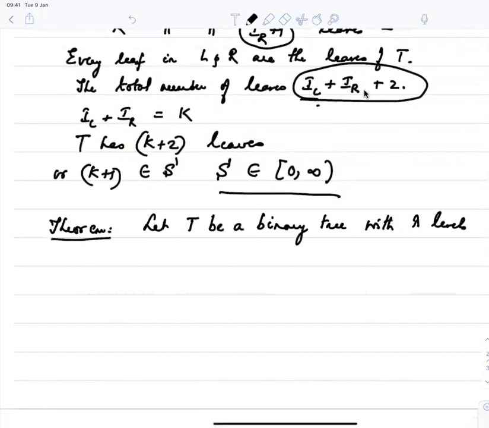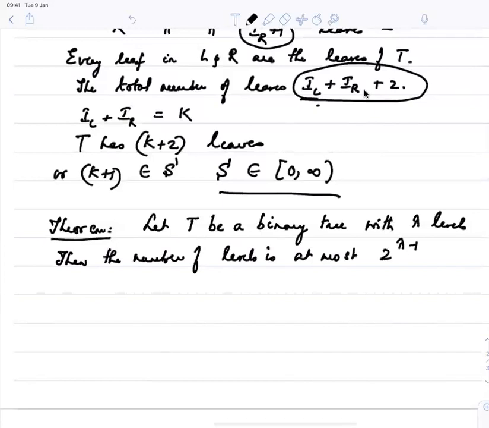I'll tell you what a level is. Then the number of leaves is at most 2 to the lambda minus 1.